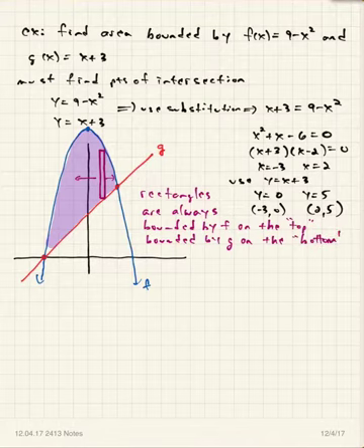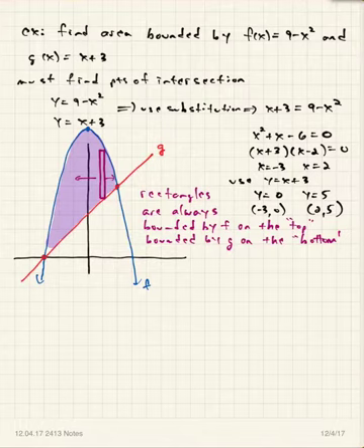Right, and since this representative rectangle, no matter where you draw it in that region, as it sweeps through that region and covers it, will always be bounded by these functions, then we've got a good sense of what the upper curve and the lower curve are going to be in this problem. And see that this is also implying that sometimes we're going to look at problems where this will not happen, where the bounds on those rectangles actually change in the region. And so we're going to have to talk about how to deal with that situation.